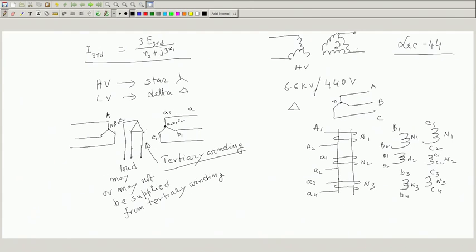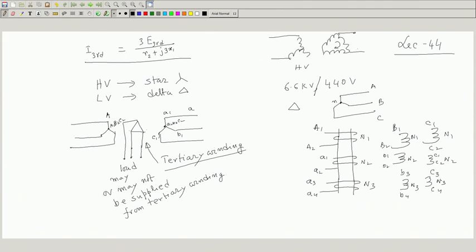And then we have very qualitatively of course discussed the importance of the third harmonic magnetizing current being present in the transformer in order to make the flux sinusoidal, hence the load voltage will be sinusoidal.